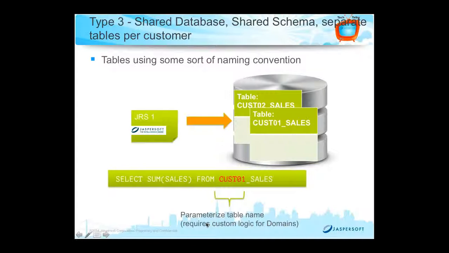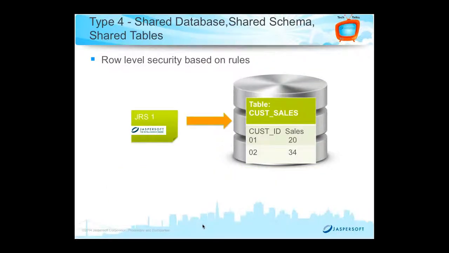Okay, and the last one, and this is where after this we'll actually switch to Guillaume. So type 4: shared database, shared schema, and shared tables. And this is the one that we're really going to focus on for the rest of the presentation. So one instance of Jaspersoft, one database, and say one table.